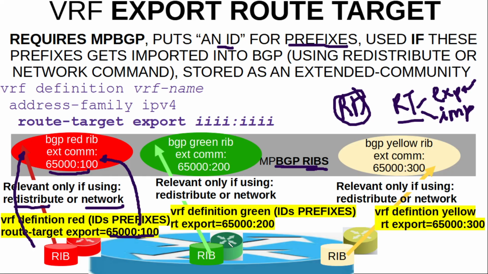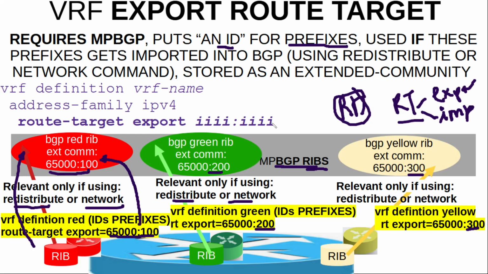And for the green VRF that is configured with the 200 route target export, if these prefixes are imported into BGP using the redistribute or network command, they will be stored there within a particular RIB with the extended community 200. The same applies for the yellow VRF. So that is the only usage of the route target export feature.